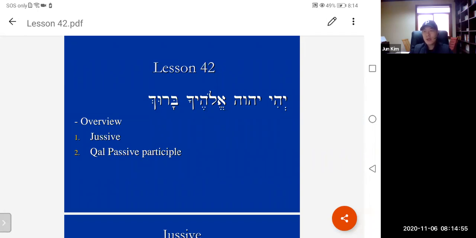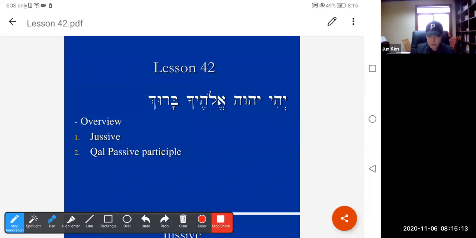So anyway, we need to talk about all those distinctive indicators of jussive form, although it's not always working, but there are some. Okay. Let's talk about the first verb. Where can you find the first verb?